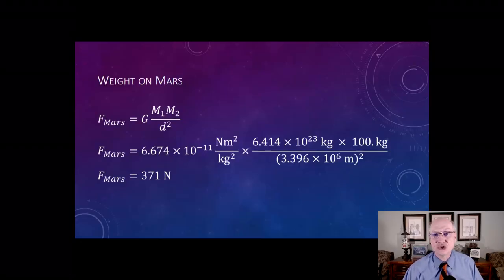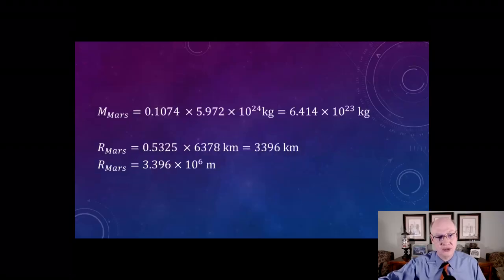The mass of the astronaut was 100 kilograms. And the distance between their centers squared was 3.396 times 10 to the 6th meters squared. When you plug all those numbers into your calculator, you come up with 371 newtons. The weight of a 100 kilogram astronaut on Mars is 371 newtons.